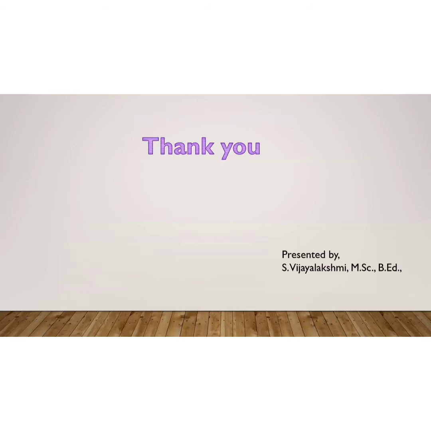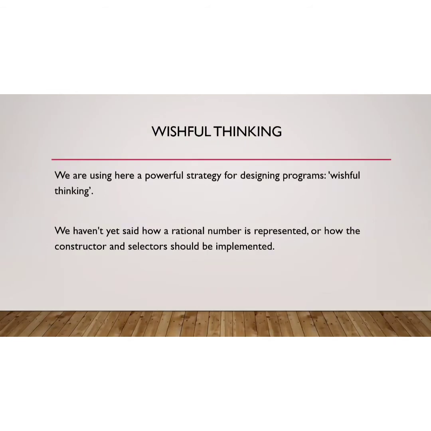Next, one of the important topics, visual thinking. We are using here a powerful strategy for designing programs, that is visual thinking. It is nothing but decision making based on self-direction, which means making decisions according to our imagination instead of appealing to reality.